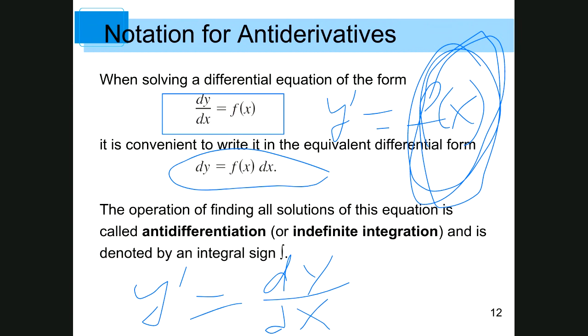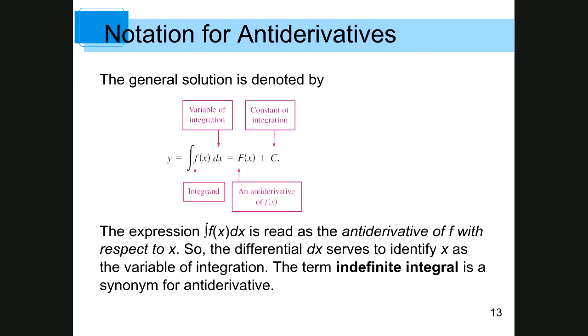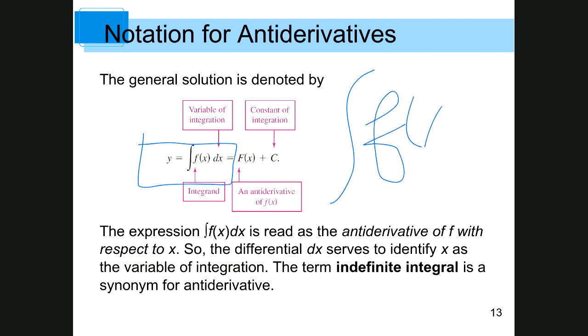anti-differentiation. Now, if you want y, you just take this notation, basically. This is the notation that we use. I'm not sure if you can see it. So integral of f of x dx. This is called an integral.